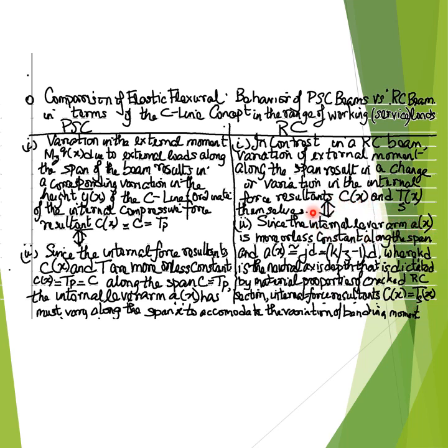And the internal lever arm of the internal resisting couple formed by the internal compressive force resultant in the concrete and the internal tensile force resultant due to the tensile force in the reinforcing steel in case of the reinforced concrete section is dictated by the material properties of the cracked concrete section and generally determined to be more or less constant along the span x of the reinforced concrete beam.